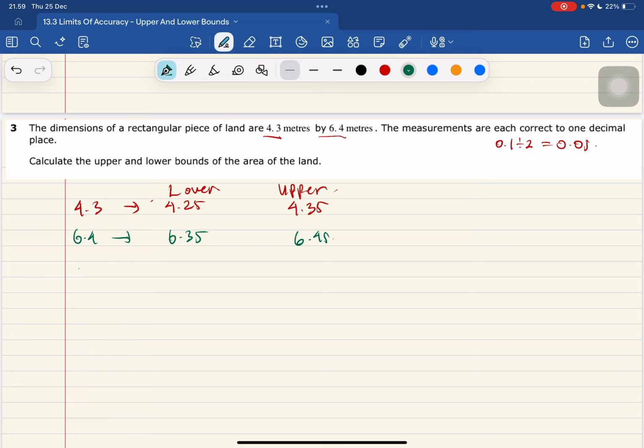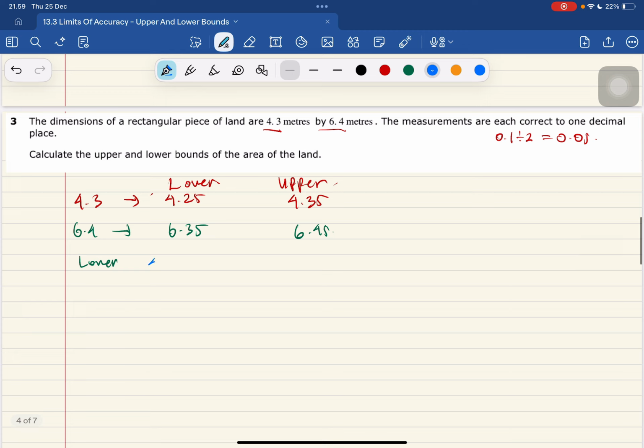So for the lower, this will be 4.25 multiplied by 6.35. It will give us the answer of 26.9875 meters squared.